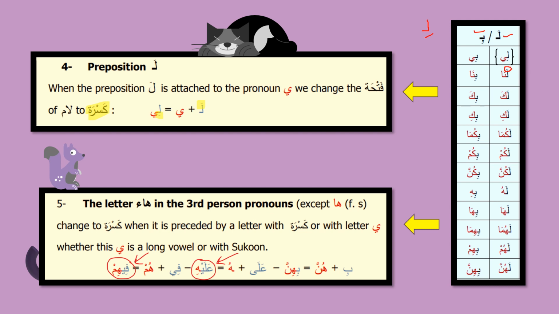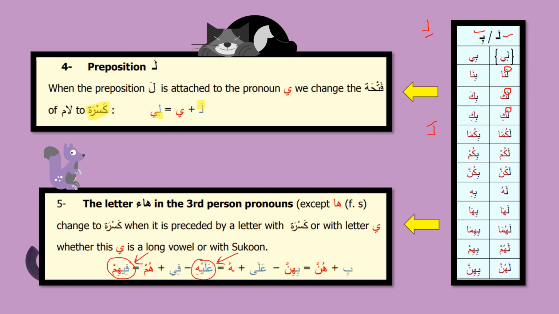So originally this harf jar is with kasra. The moment it attaches with all the attached pronouns, it changes its haraka from kasra to fatha. Why am I telling this? Because there are a lot of lams you will learn later in level 2. There are lams with fatha and they have different work, different meanings.